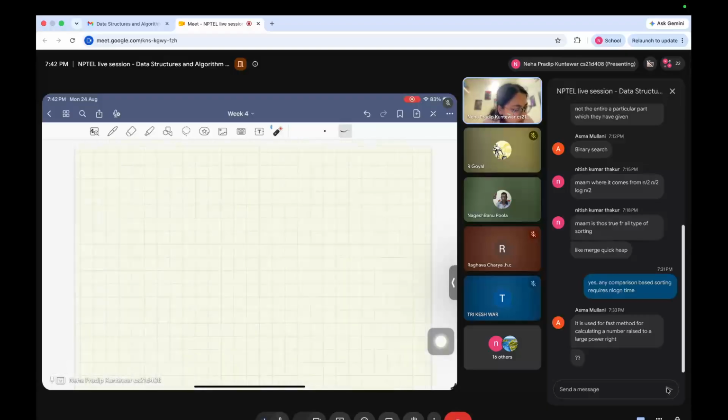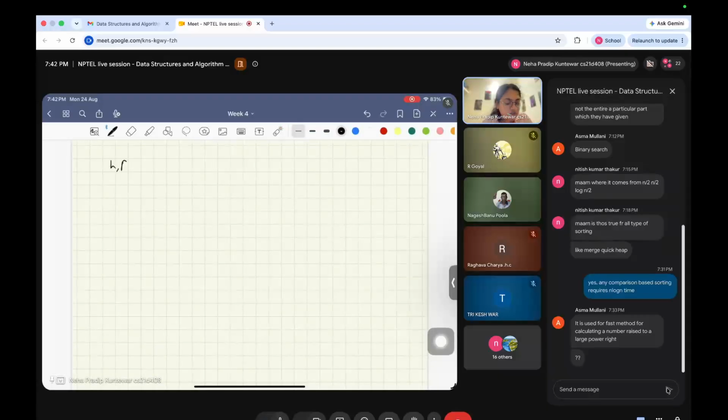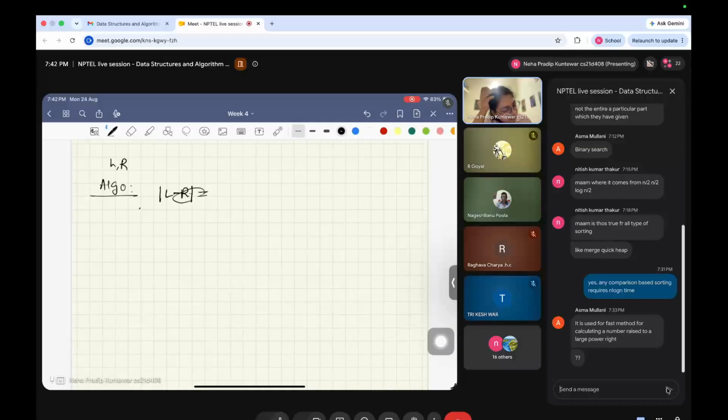So if you are given an arbitrary L comma R, what you will do is, let us say that R minus L is between 2 to the k and 2 to the k plus 1.